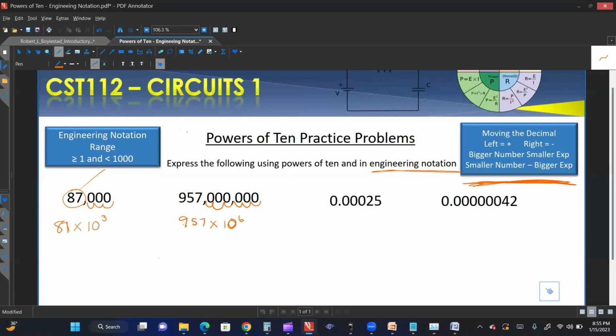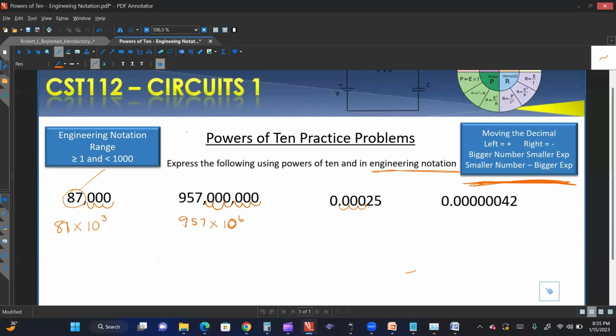All right, so let's look at some smaller numbers. We just do the same thing, but this time we're trying to make the number larger. So therefore, the exponent is going to be smaller, and we're going to be moving in multiples of 3. So 1, 2, 3. This is 0.25. That's still too small.